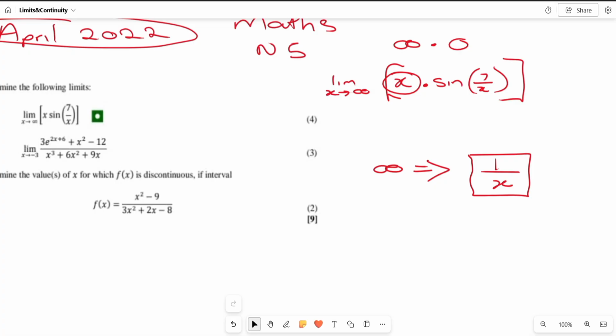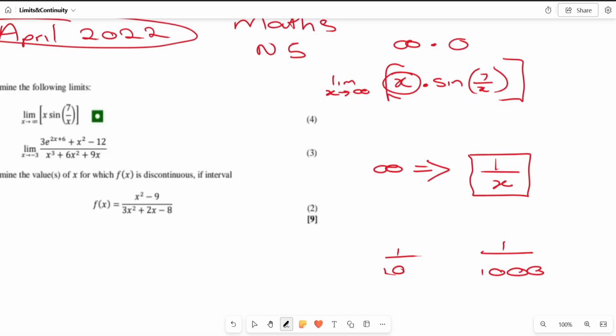So back to the statement, multiplying by a big number is the same as dividing by a small number. So you were multiplying by infinity. So what do you need to do now? You need to divide by a very small number, and 1 over infinity is a very small number, because imagine 1 over 10 will give you 0.1, right? But now if you say 1 over 100 or 1,000, it becomes very, very small.